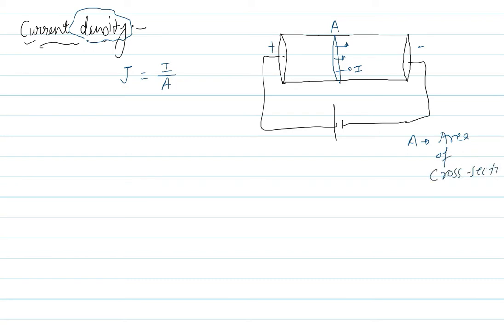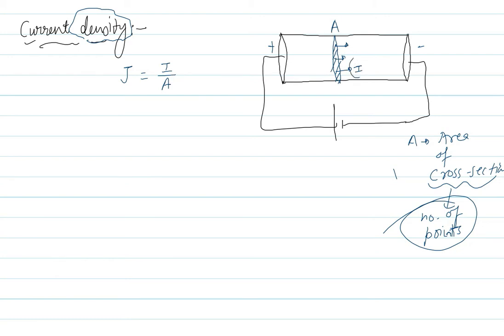A is area of cross section, which actually represents the number of points lying on the surface. The meaning of area is this, number of points. So when we talk about flow of current, we consider the total flow of charge through this area, right?